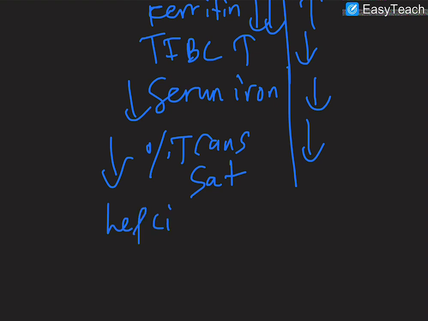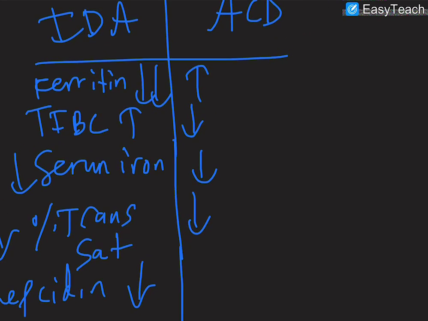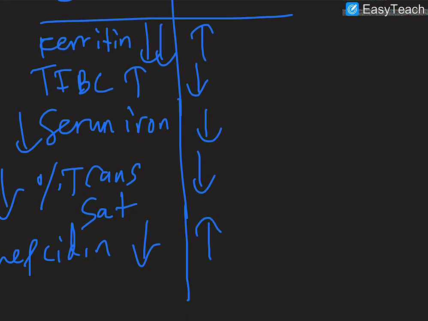If we talk about hepcidin, it's actually low in iron deficiency anemia because you want more iron in your bloodstream. So you'd want low hepcidin so you don't inhibit ferroportin. That way you can get iron into your bloodstream. But due to chronic inflammation, autoimmune diseases, and etc., in anemia of chronic disease, your hepcidin levels are way too high, which is why you're storing too much iron and not releasing it into your bloodstream and into your red bone marrow, so you're not producing enough red blood cells.